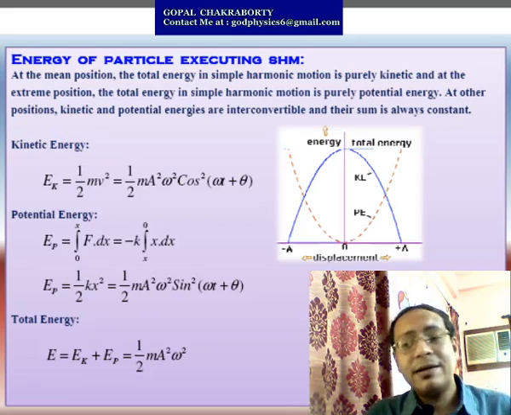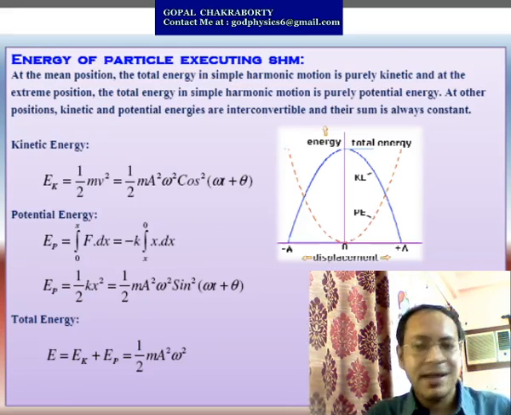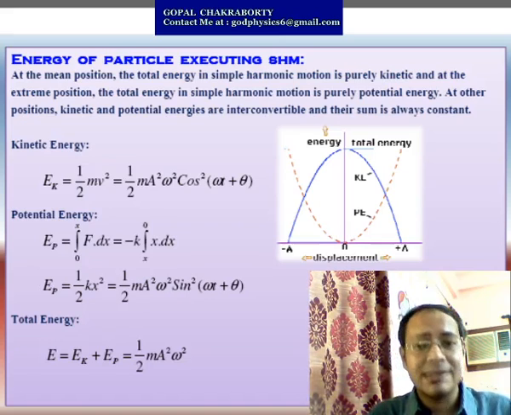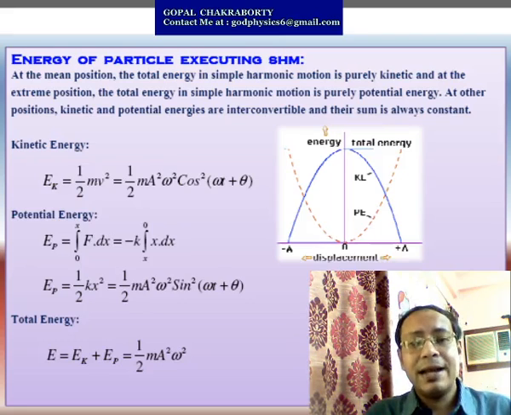As I have already discussed, at the mean position of rest you will get maximum kinetic energy, and at the far end, that means at maximum amplitude where x equals a or minus a on both sides, your potential energy will be maximum, because your kinetic energy is 0.